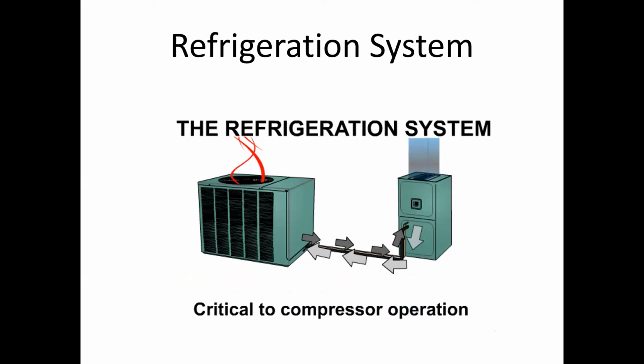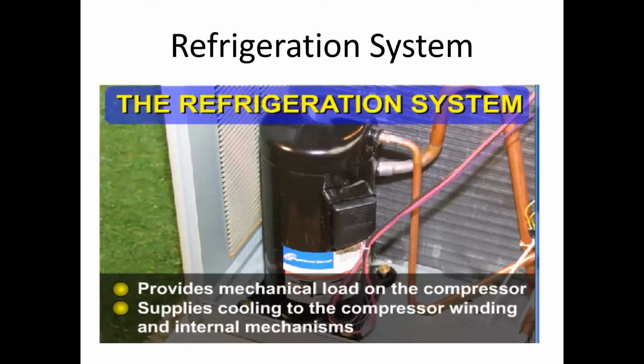So the refrigeration system, obviously it is critical to the system operation, but it's also critical to the operation of that compressor, because the compressor itself, the windings of that compressor, that motor is cooled by the suction gas.